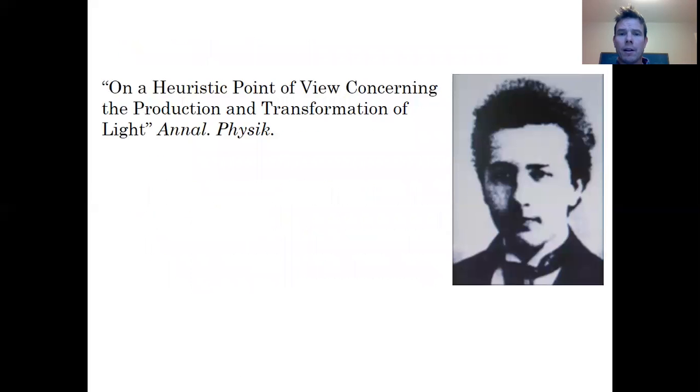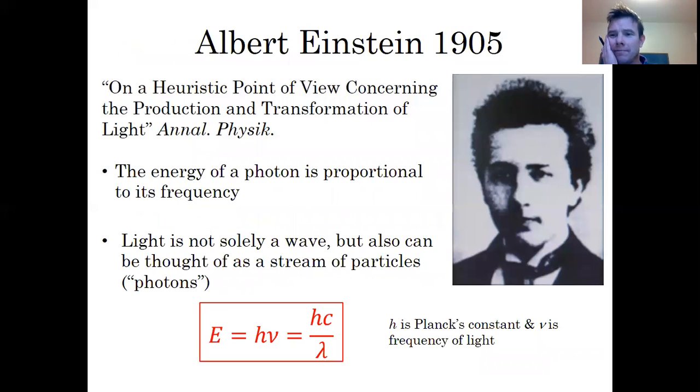The person who came along and explained it was this guy. And I don't know if you recognize that person. You've certainly heard of him. That's Albert Einstein, in 1905. I think he was in his early 20s at this point.